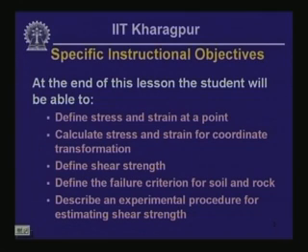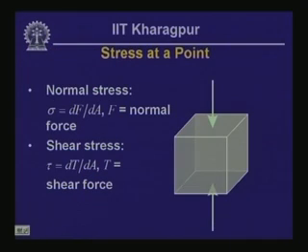We are going to define a simple failure criterion for soil and rock, and describe finally an experimental procedure for estimating the shear strength of soil or rock. Okay, so, those are the objectives, and then let us begin with what we mean by stress at a point.